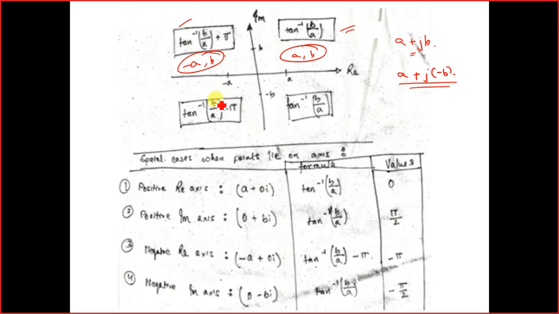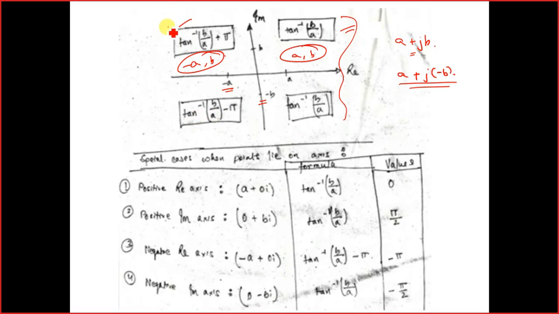And lastly, in the fourth quadrant, it would be tan inverse of B by A. So in the first and fourth quadrants it is tan inverse of b by a, in the second quadrant it is tan inverse of b by a plus pi, and in the third quadrant it is tan inverse of b by a minus pi.